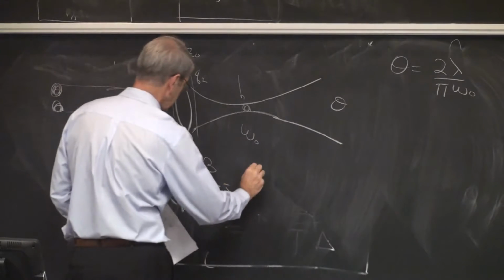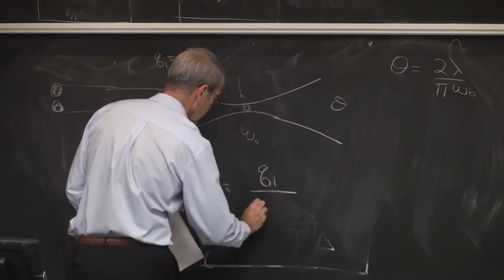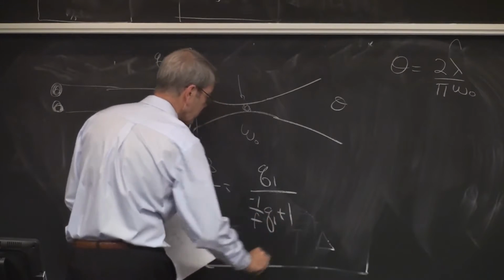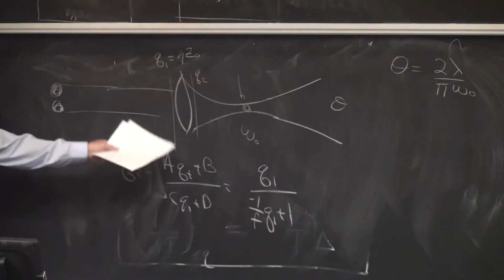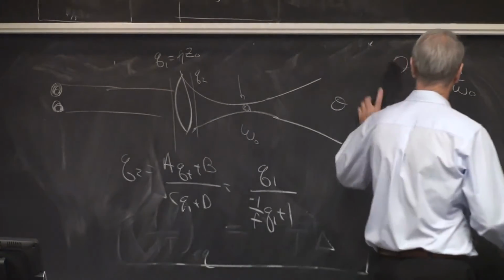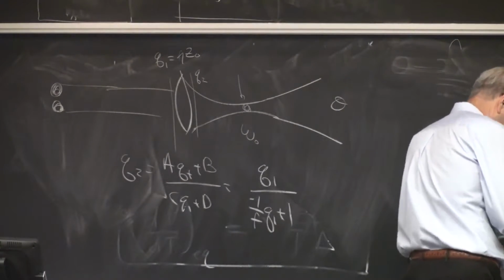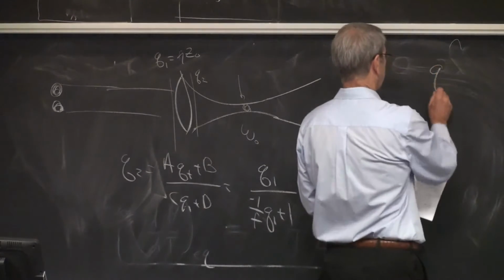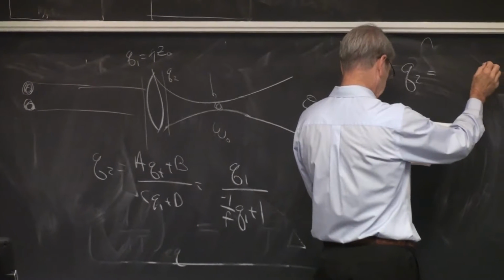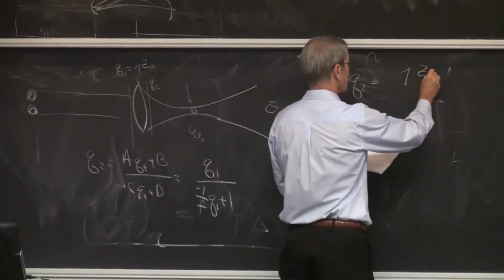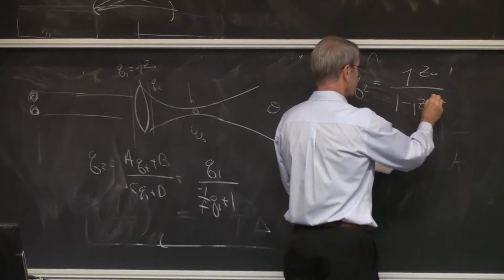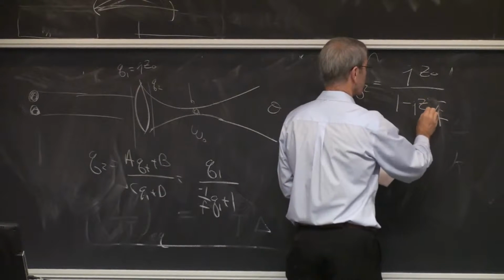For a lens, that's going to be q1 over (minus 1 over f times q1, plus 1). Well, q1 was j z naught. So q2 is going to be j z naught over 1 minus j z naught over the focal length.